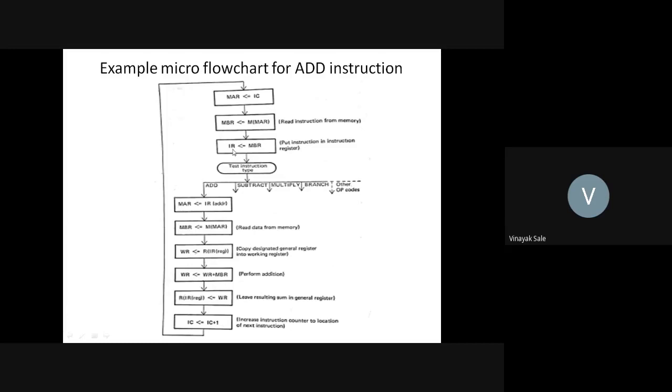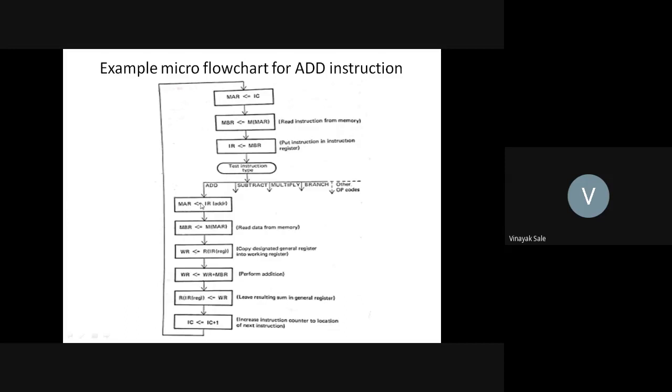Then instruction register is less than or equal to machine buffer register. If it is true, then go to the next and test the instruction, whether it should be add register, subtract, multiply, or other operations. In the previous example, we have seen addition of a register and a machine address or memory address.